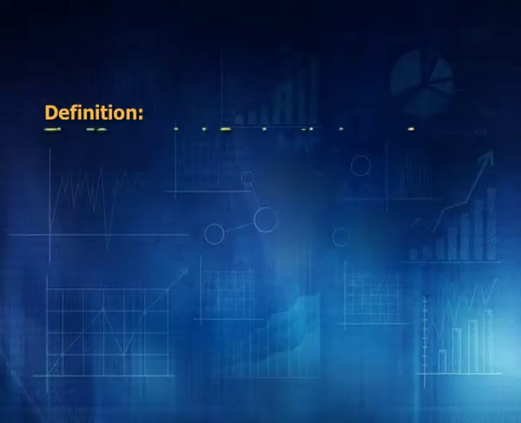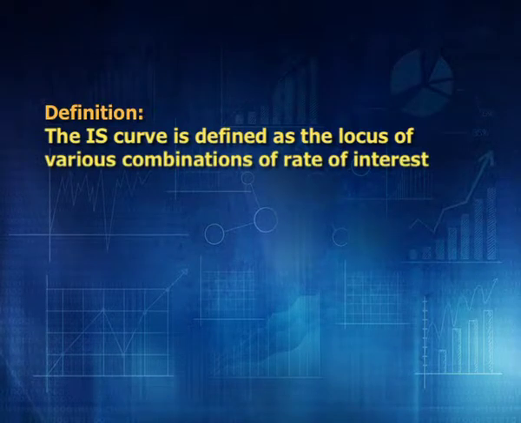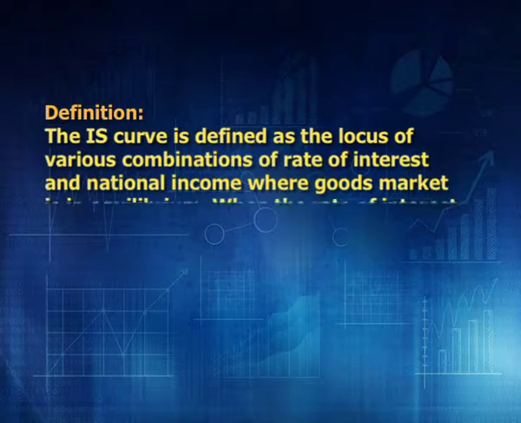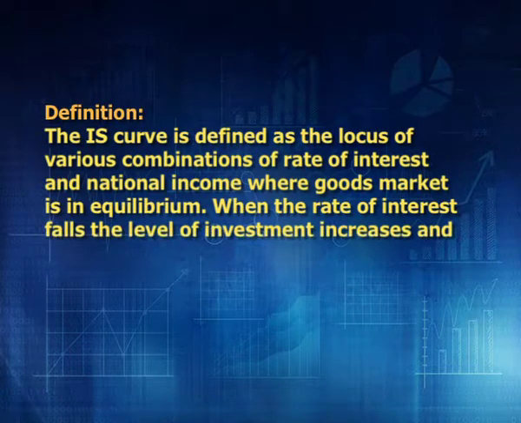This change in investment demand shifts the aggregate demand curve and brings about a change in equilibrium level of income. Hence, IS curve is defined as the locus of various combinations of rate of interest and national income where goods market is in equilibrium.